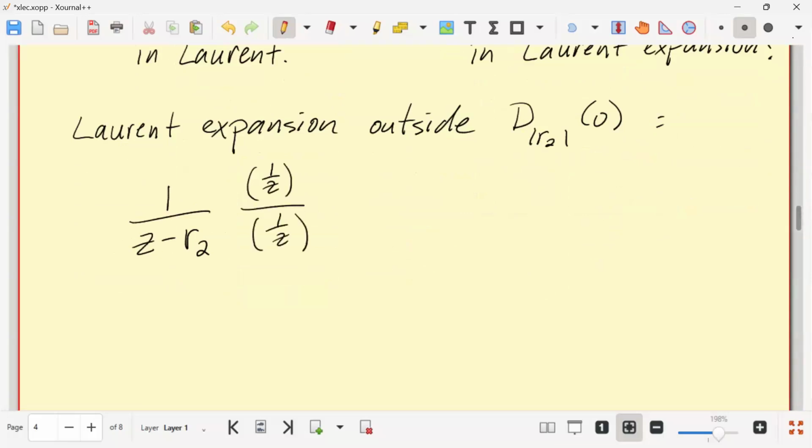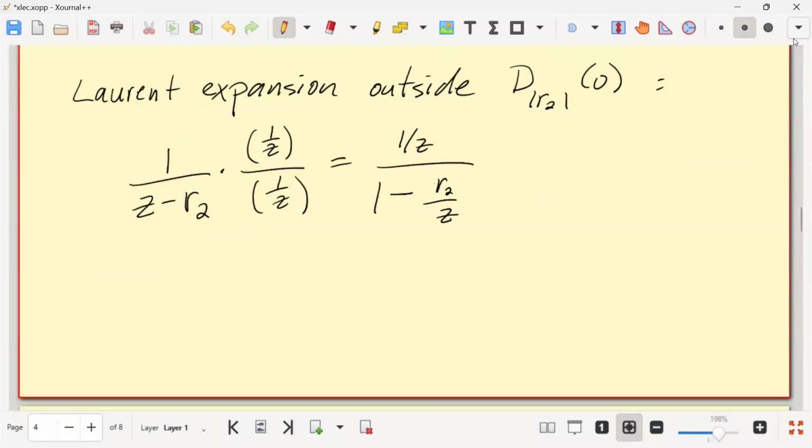And I'd get two of those things. I'd get a 1 over z on top, and then I would get 1 minus r2 over z. And I'd get infinitely many negative terms for that one too. So I'll just say et cetera there. Once you do it a couple times, it becomes routine. Interesting thing is the Laurent expansion is different in all three regions. And you sort of have to use different tricks in different regions.